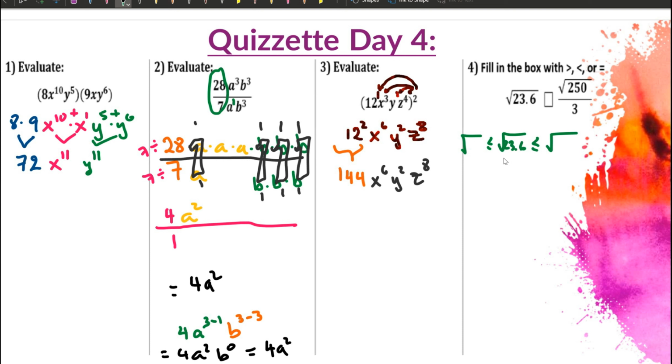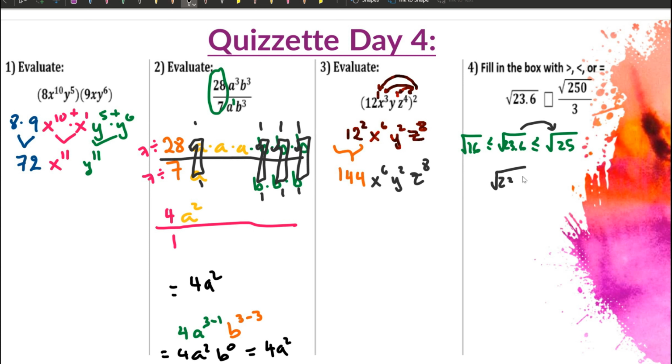So the square root of 23.6 stays in between the square root of 16 and the square root of 25. Those are two perfect square numbers. 23.6 is closer to 25 than 16, so we're going to round up.